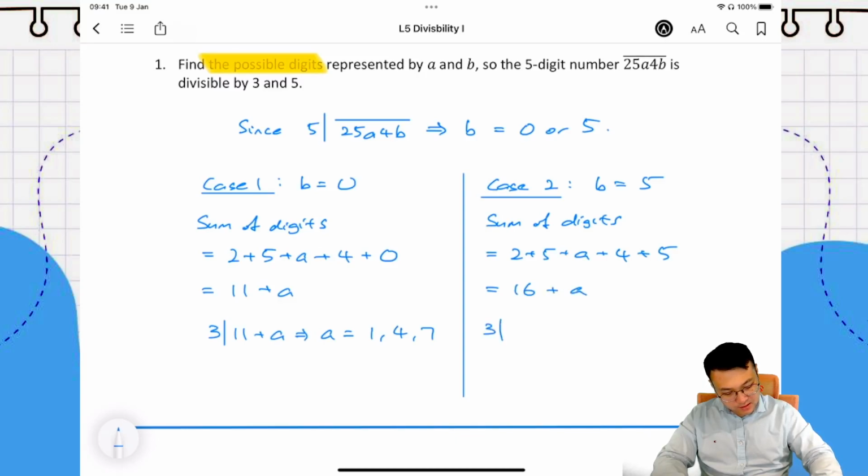So 3 must divide 16 plus a. Therefore, a equals to 2 and 8. Yes, Lian, well done.